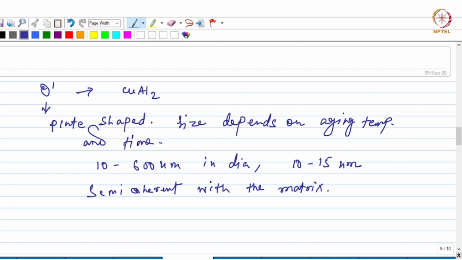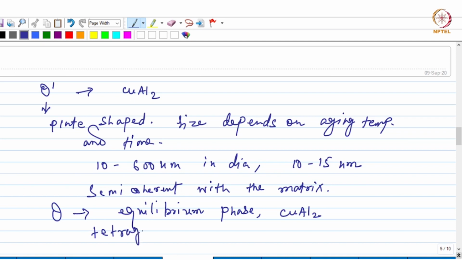And finally, as you continue the aging, the equilibrium phase theta forms. This has a tetragonal crystal structure.